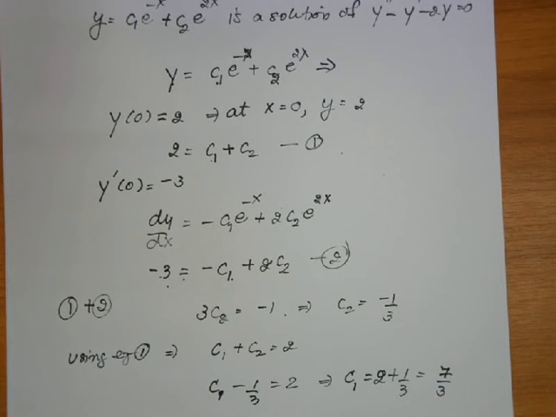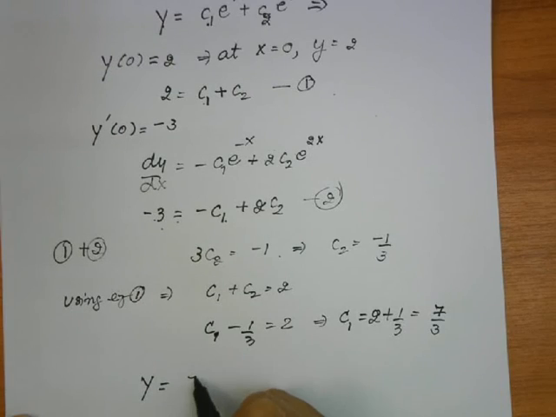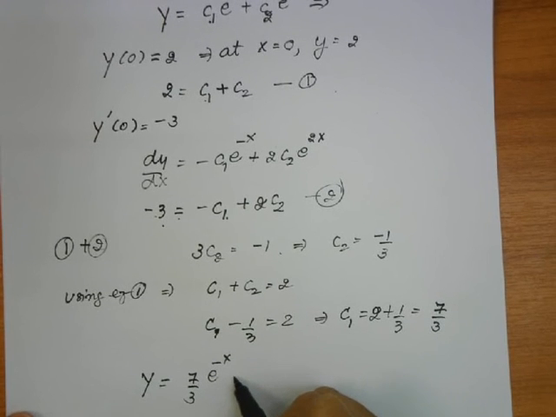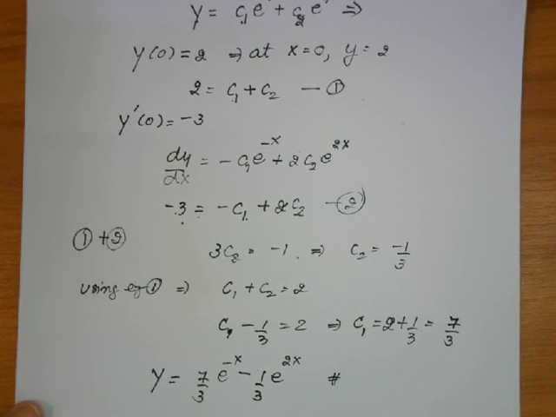So the solution which is satisfied with these two boundary conditions is y equal to 7 over 3 times exponential of minus x minus 1 over 3 times exponential of 2x. And that's the answer.